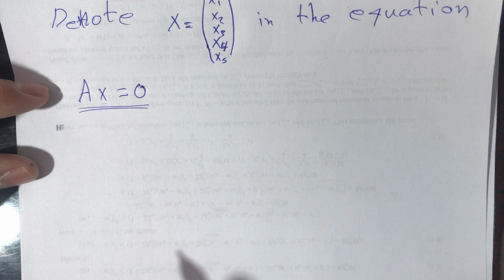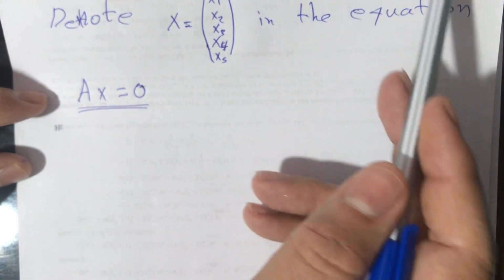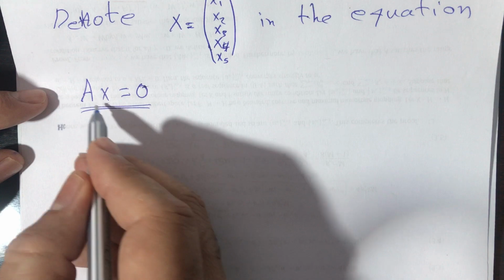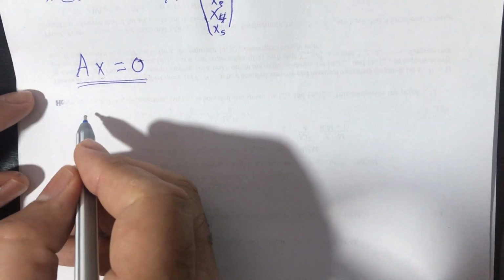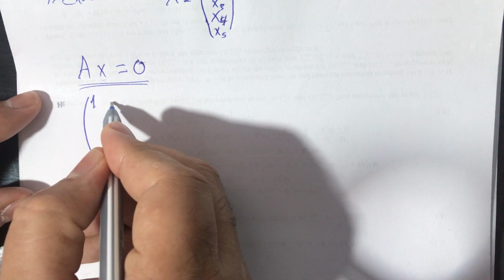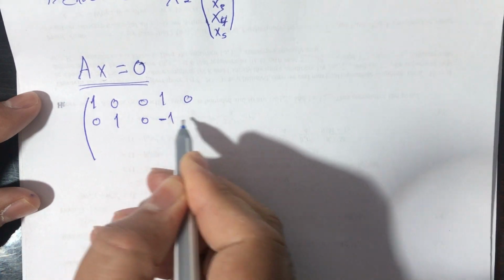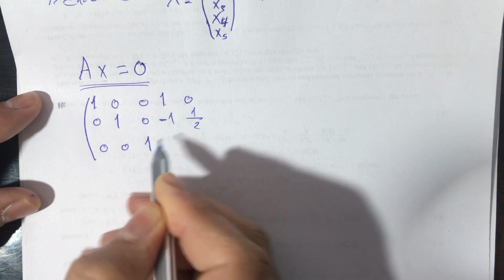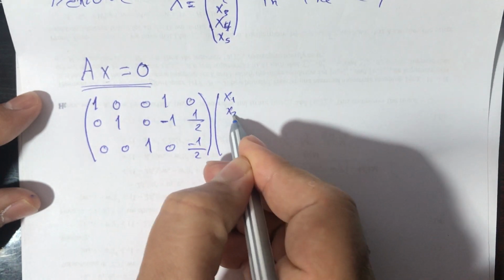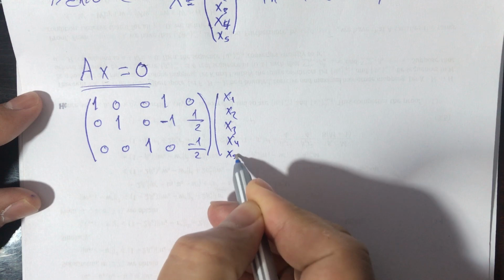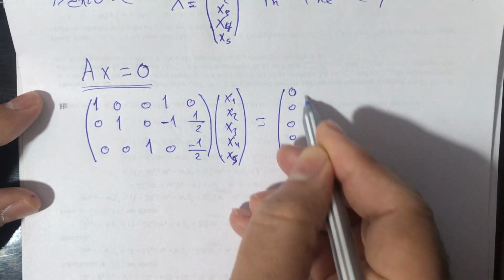Now we substitute here this A: 1 0 0 1 0, then 0 1 0 minus 1 and half, and then 0 0 1 0 minus half, times x1, x2, x3, x4, x5, equal to 0 0 0 0 0.